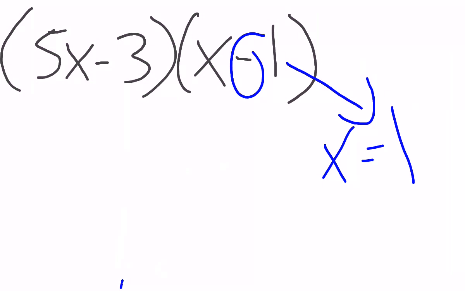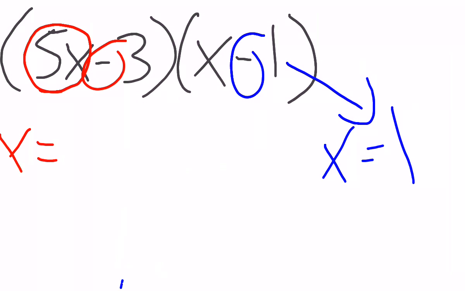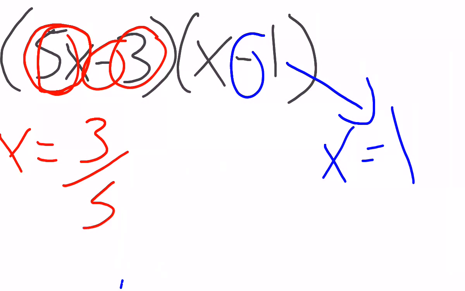On the other one, whenever you have a coefficient attached to the x here, like this, you flip this sign. So we have x, flip the sign and keep this number the same. So we got 3. And then when you have a coefficient attached to the x, just put it underneath. So these are the roots to our equation.